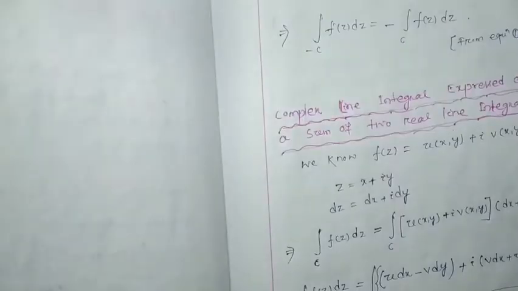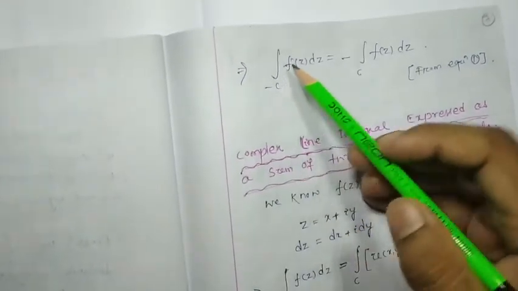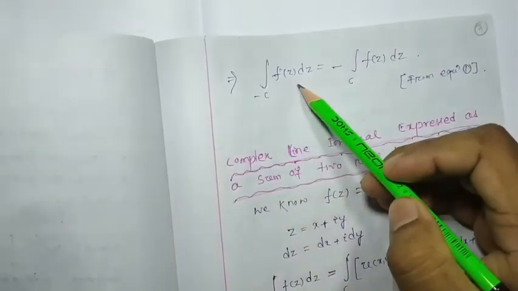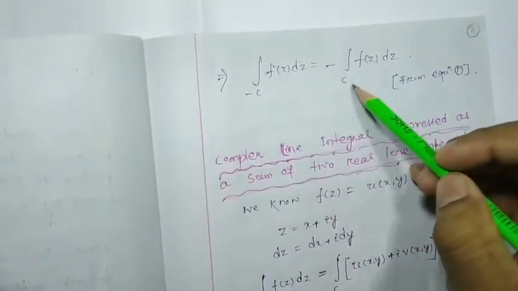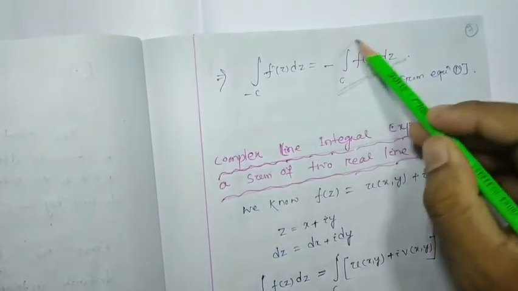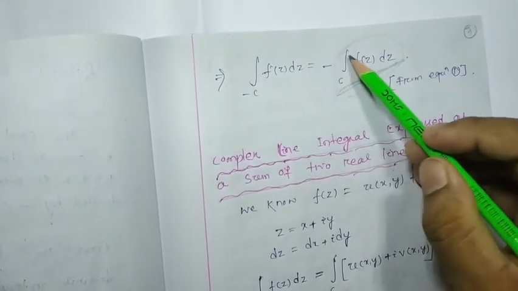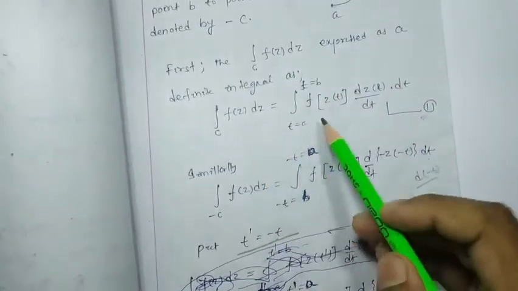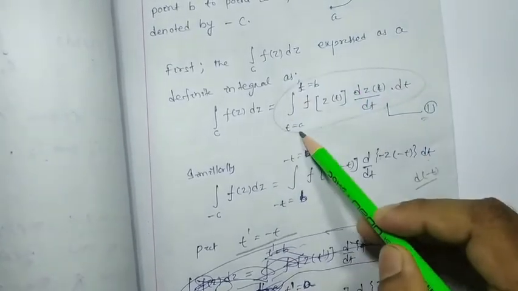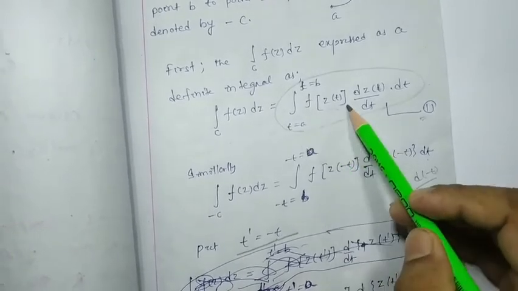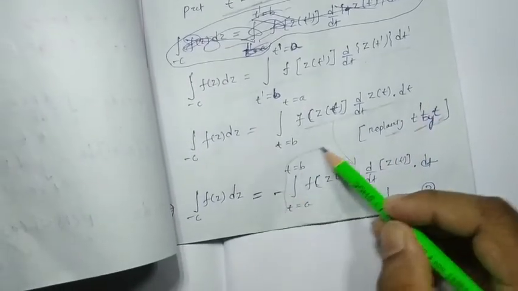So that implies the integration over minus C of f(z) dz will be equal to minus the contour integration of f(z) dz. Here the value of the integral is nothing but equal to this one, you just see.